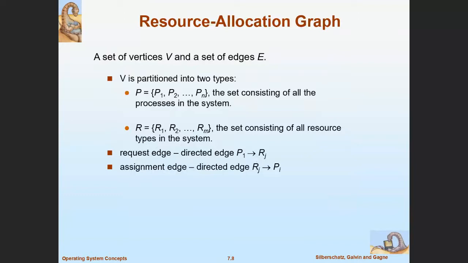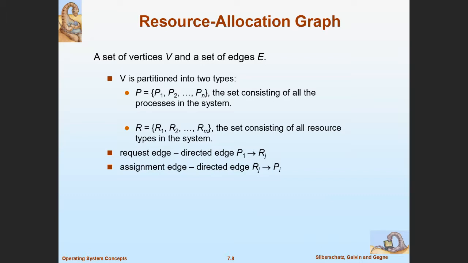Graphically, it will look more evident. So when we create a graph of resource allocation for such a system, we have vertices V and edges E. V is partitioned into two types: they may be the processes and they may be the resources.